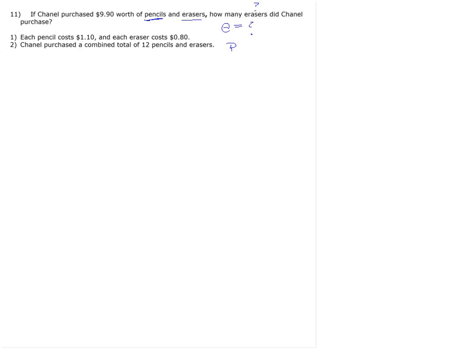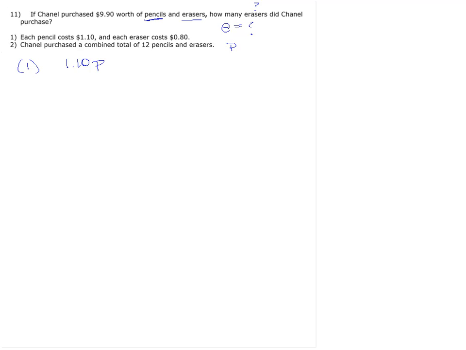Okay, statement 1. Each pencil costs $1.10 and each eraser costs 80 cents. Well, let's decode this into a word problem, into an equation. So what I would say from statement 1 is that if you multiply $1.10 times the number of pencils, right?